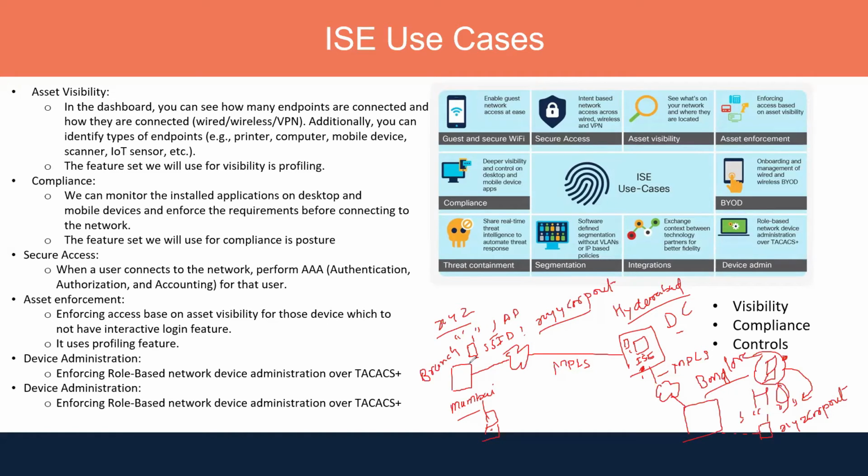So I mean to say that whenever any access point is sending the authentication traffic that it has received from the user, your ISE can see that this particular token is coming over the WAN and it needs to be authenticated.